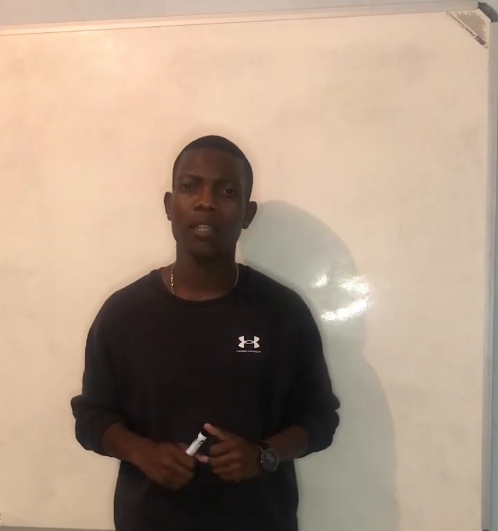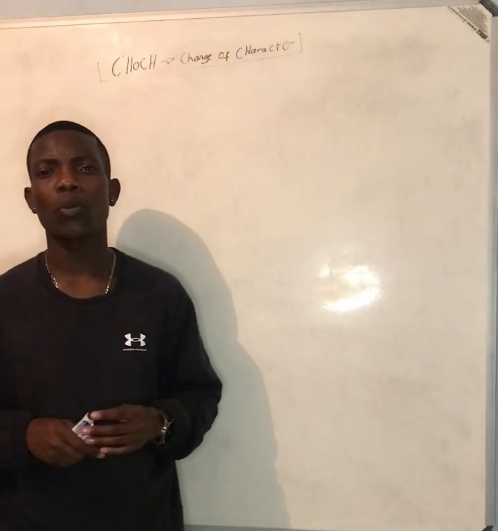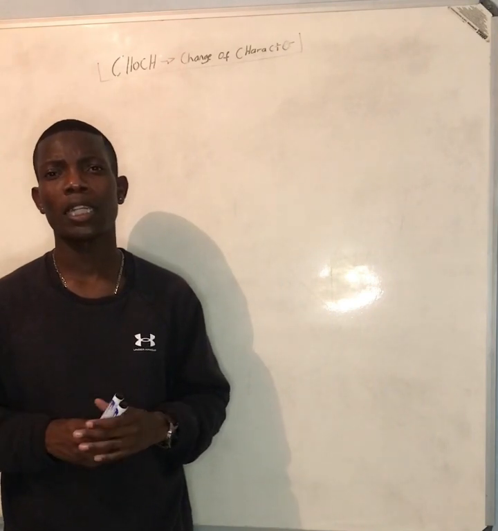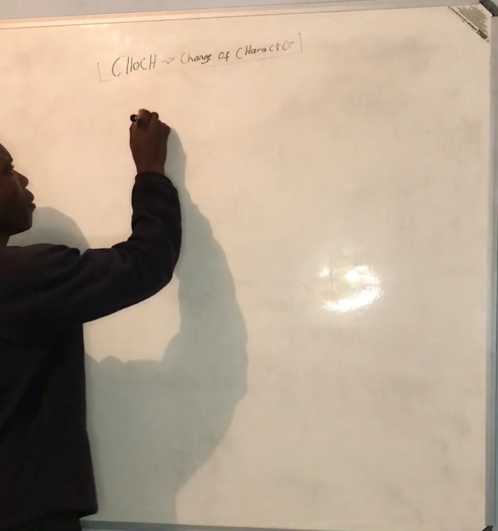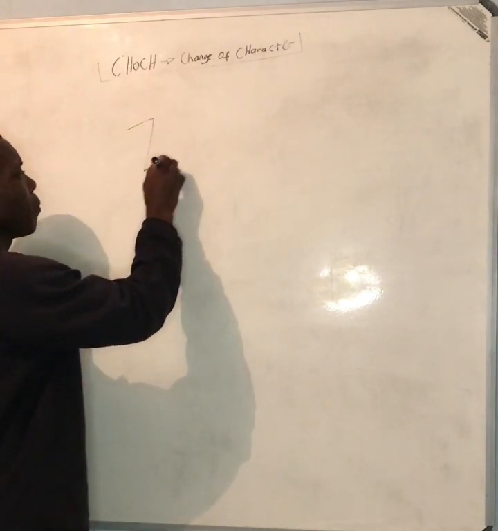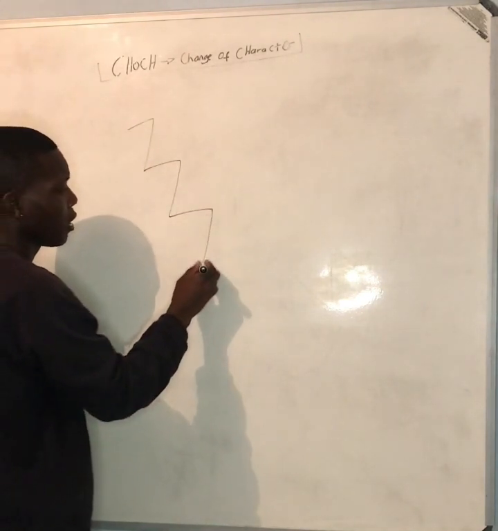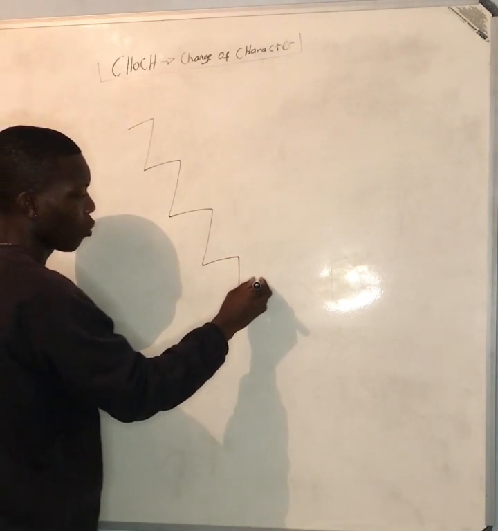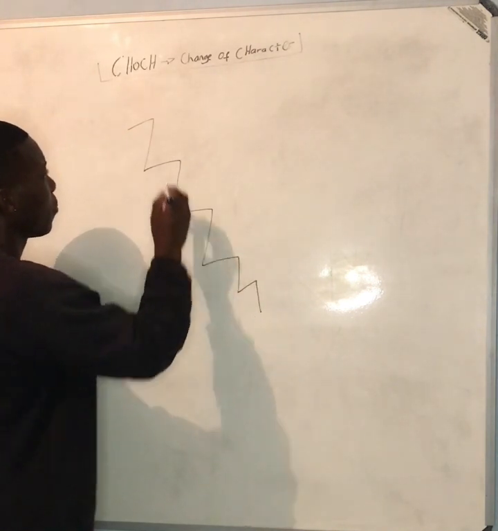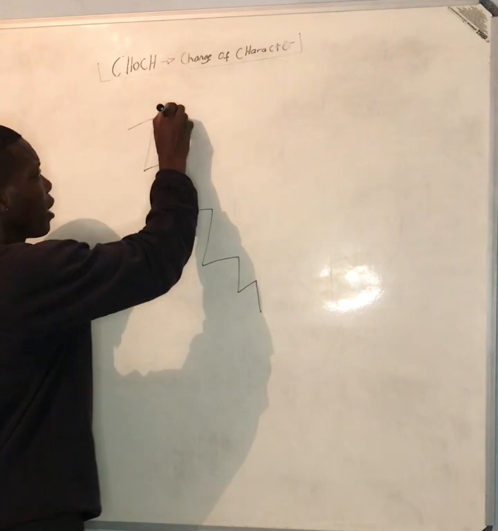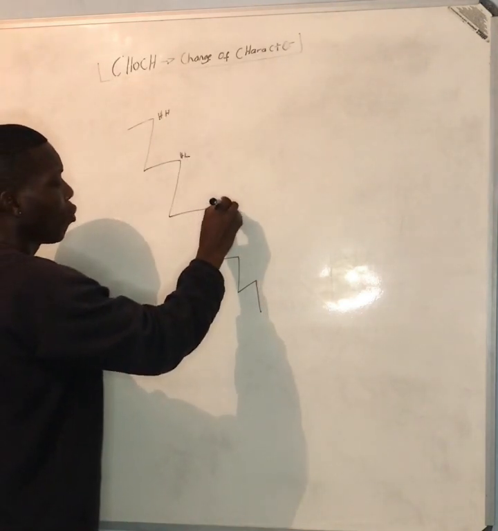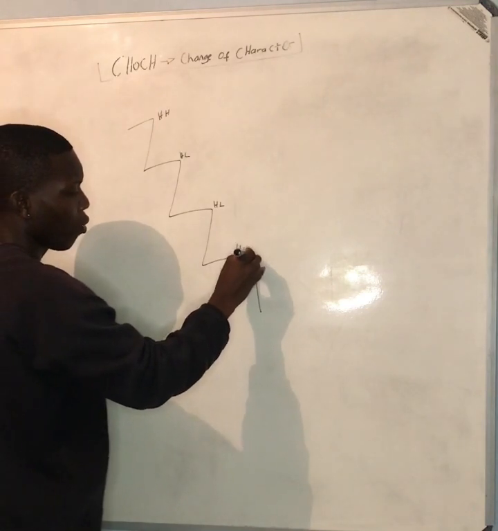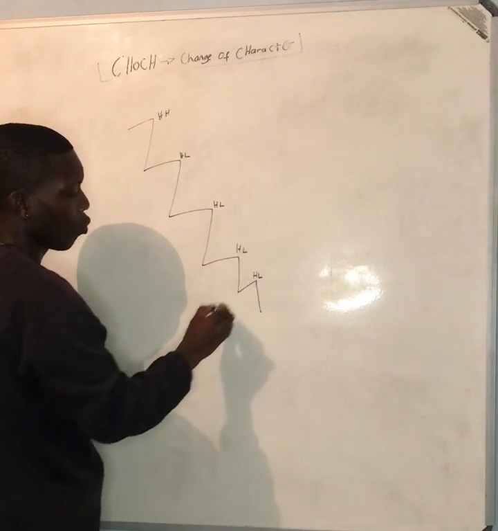Let's get started. So on today's lesson, we are going to be focusing on the trend line strategy. This is the structure of the market that is going downwards on a daily basis, meaning it creates lower high, lower low, lower high, lower low.